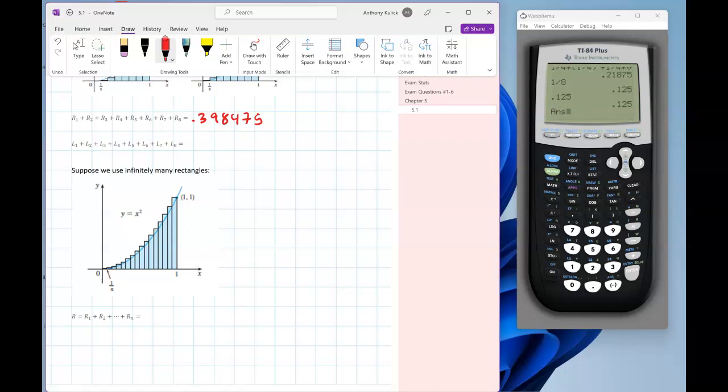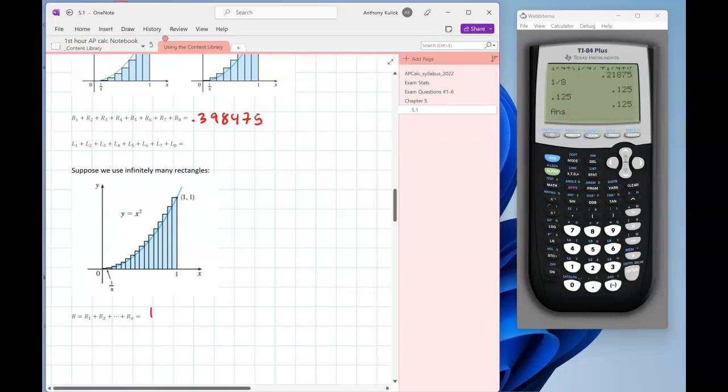What's the height, or what's the base of my rectangles? It's 1 over n, right? What's the height of that rectangle going to be then? 1 over n squared, okay?